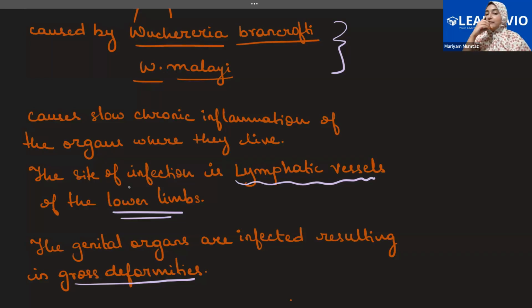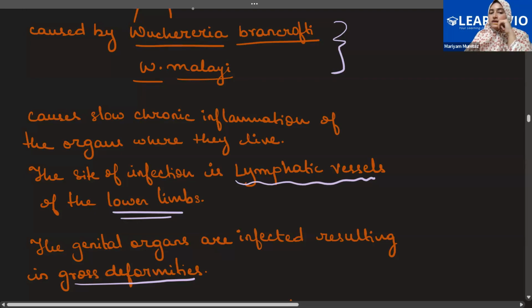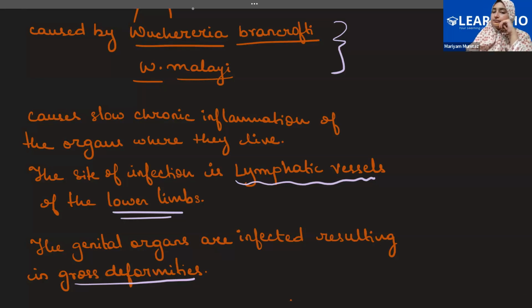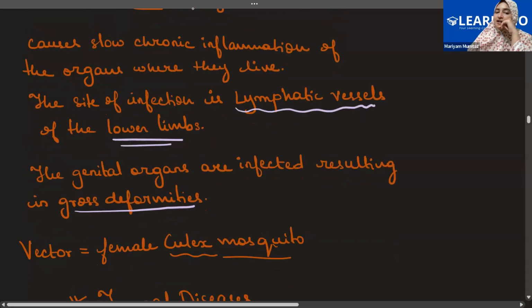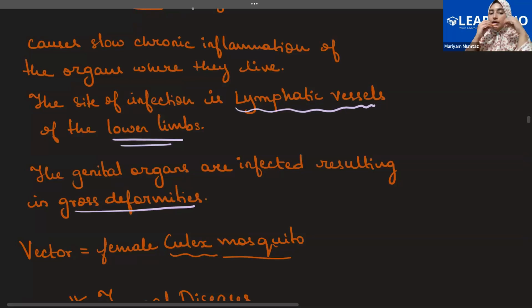Our body has a lymphatic system present all over the body, but these worms prefer the lymphatic vessels of the lower limbs, meaning the legs. Apart from that, the genital organs also get infected by this disease and it causes gross deformities, right?